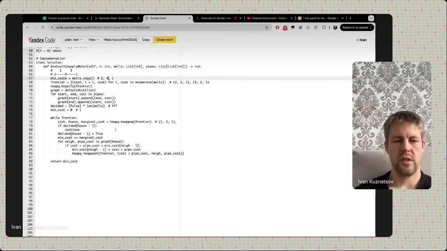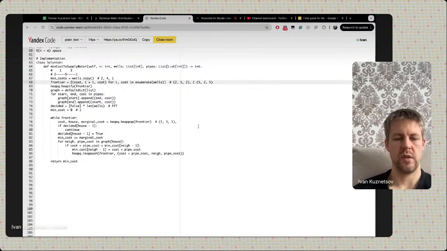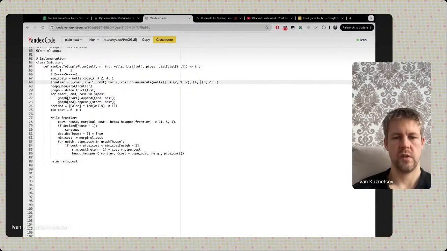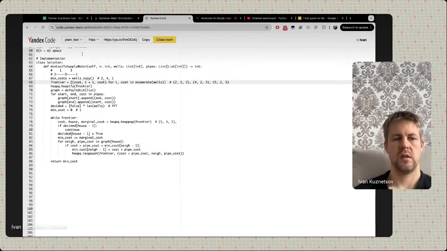So what do we do? We update it first to cost plus pipe cost, okay, and then we are pushing another value to this. It will be 4 to get to the house 2 at the marginal cost of 3, because this pipe will be costing 3.